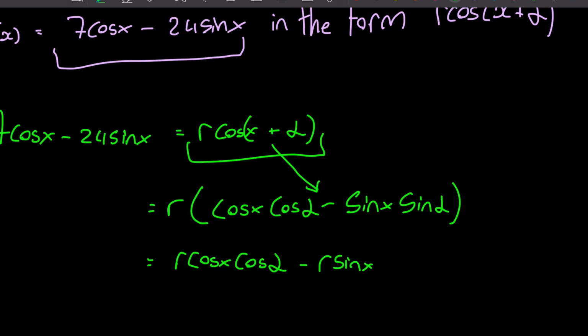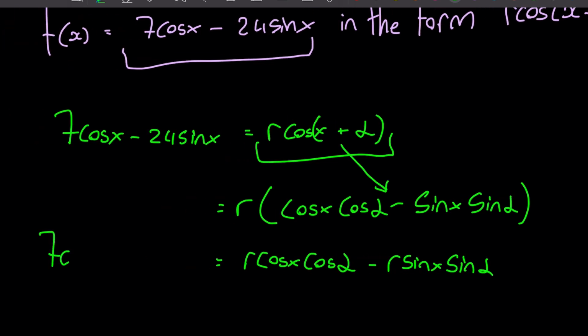And this should be equal to 7 cos x minus 24 sin x. So I haven't done anything weird yet. All I've done is I've just expanded using something that we learned, the expansion of the sum of angles that I taught in the last video.